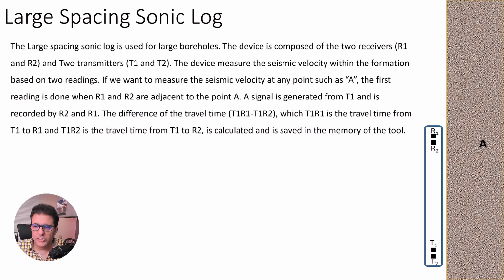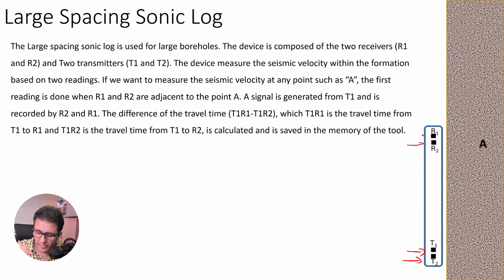In order to measure the seismic travel time in large boreholes, different logging tools have been developed. And one of them, for example, is the large spacing sonic log. As you see here, this logging tool is composed of 2 transducers and 2 receivers. T1 and T2 are the 2 transducers, and R1 and R2 are the 2 receivers.